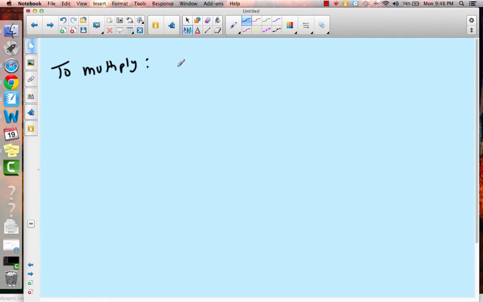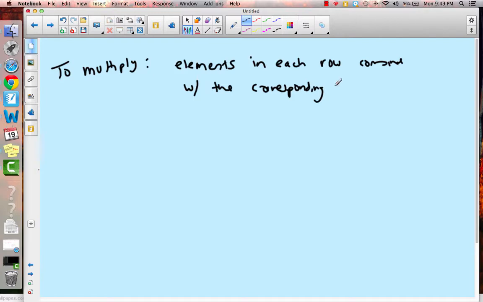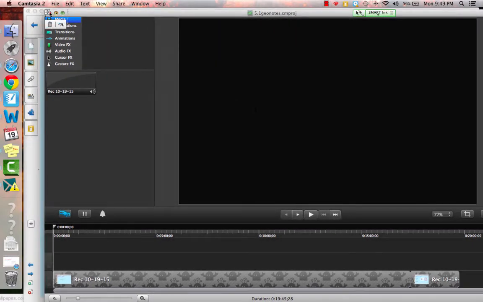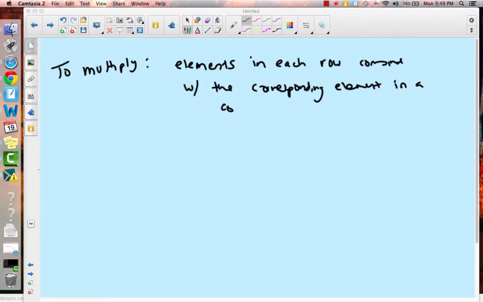To multiply, you're going to take the elements, remember the elements are just individual numbers in your matrix, in each row, and you're going to combine them, and I'll explain what I mean by combine, with the corresponding element in a column.